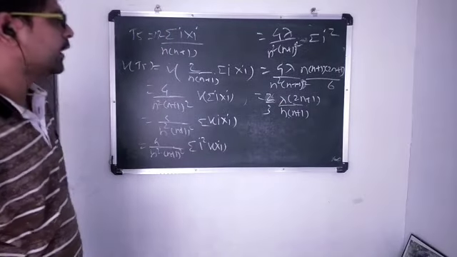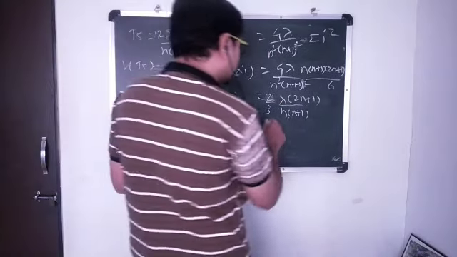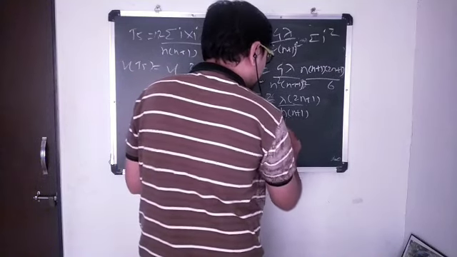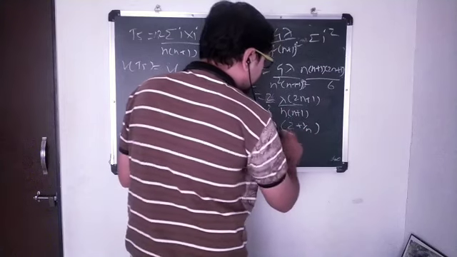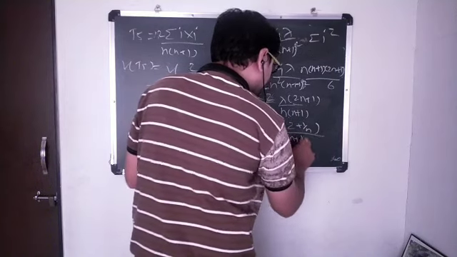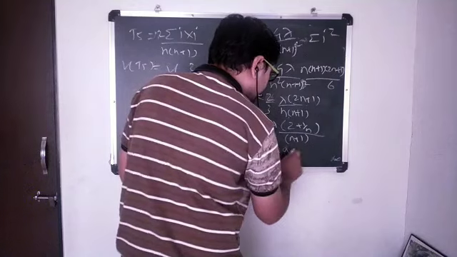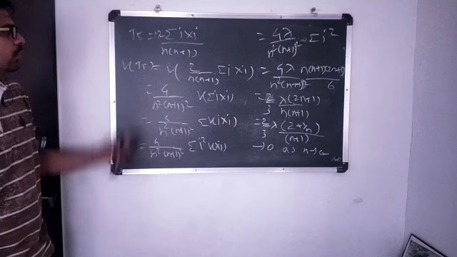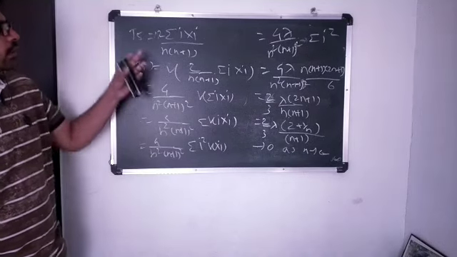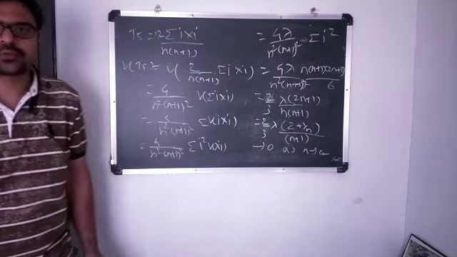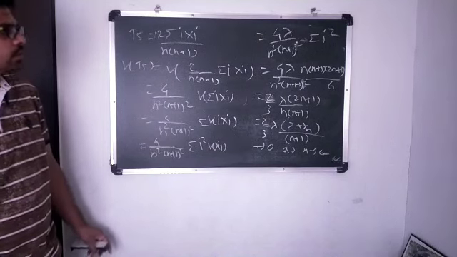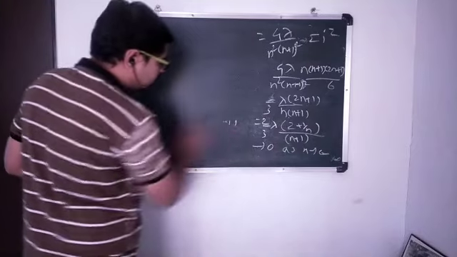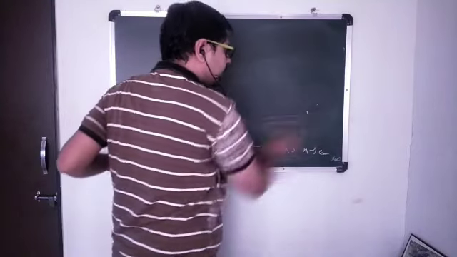This can be written as 2 by 3 lambda, 2 plus 1 upon n, divided by n plus 1. This tends to 0 as n tends to infinity. So the first condition is satisfied, that is, it is unbiased and its variance tends to 0 as n tends to infinity. So this is also a consistent estimator. This is another example of a consistent estimator.